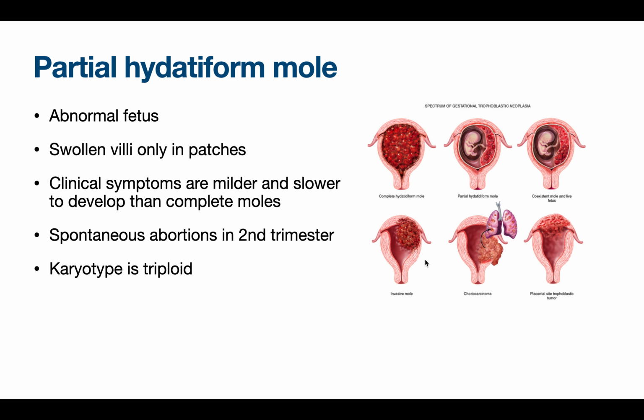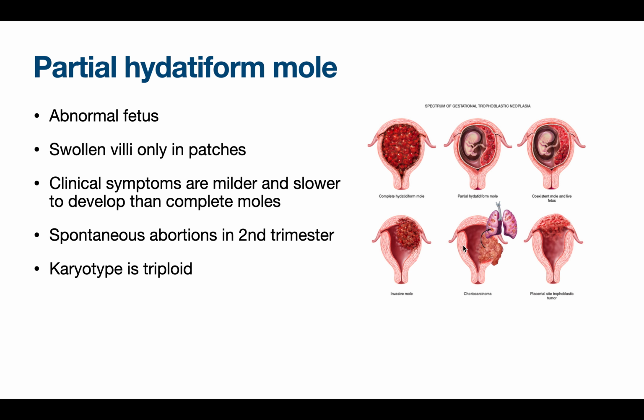And here are the invasive moles. That's where it can start penetrating into the endometrium and the actual muscular walls of the uterus. The choriocarcinoma is when it starts to spread.